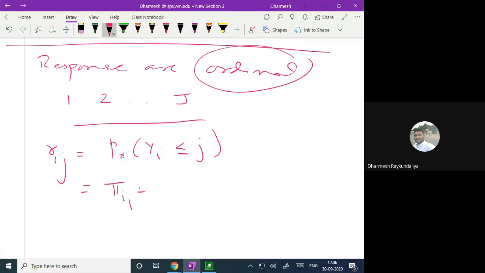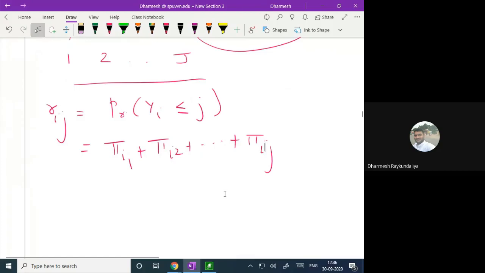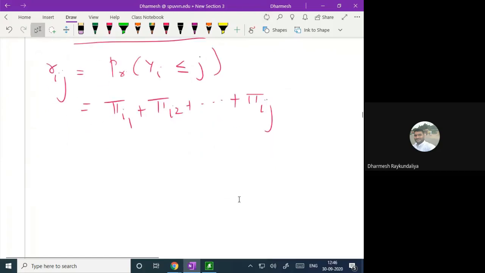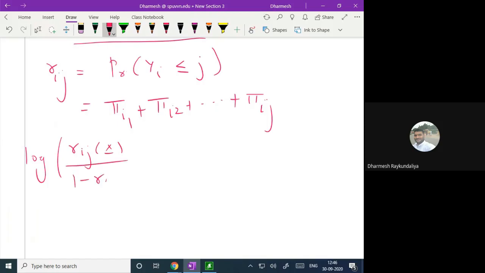So it is nothing but pi_i1 plus pi_i2 up to pi_ij. So instead of the individual probability, we develop the logit model for the cumulative probability, and that is nothing but theta_j minus beta' x, here j equal to 1 to J minus 1.